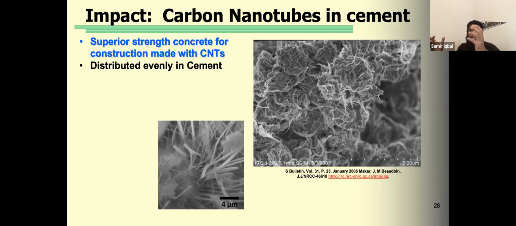Temperature expansion in summer and contraction in winter builds up cracks in those. But if you put carbon materials or nanomaterials, they give them much more strength, much more breathing space, so they don't break apart so easily. And there are lots of products which are already out there.